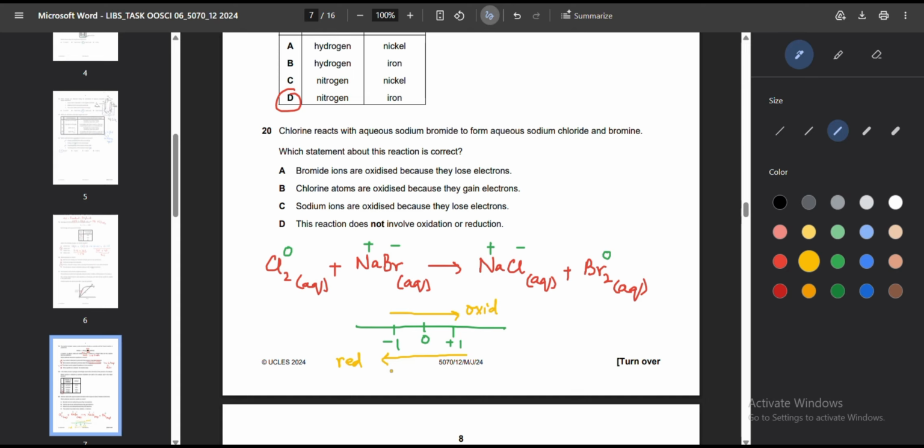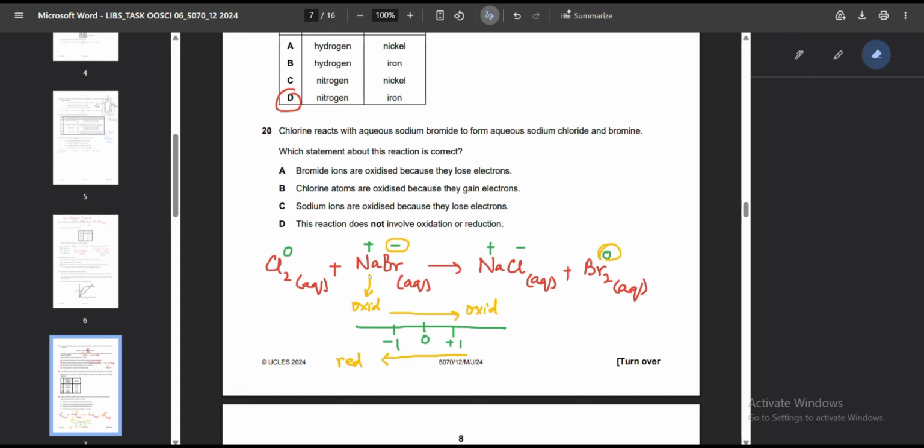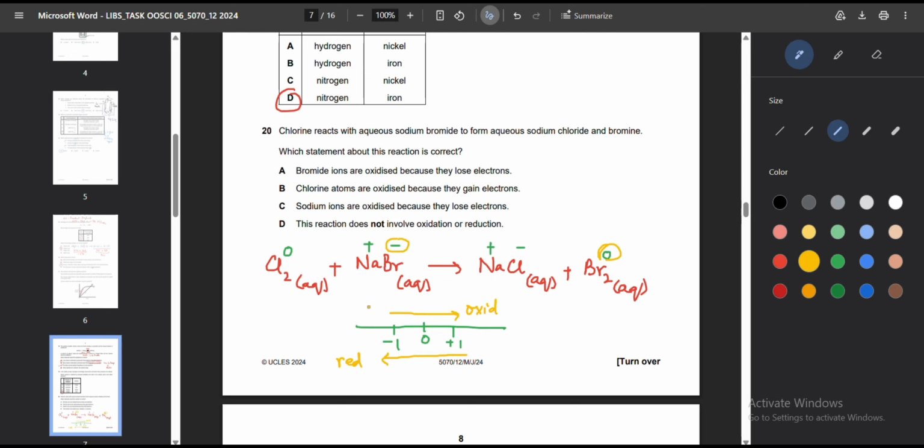So over here you can see that for bromine, the bromide ion is moving from -1 to 0. From -1 to 0. So that means it is getting oxidized. The bromide ion is getting oxidized.